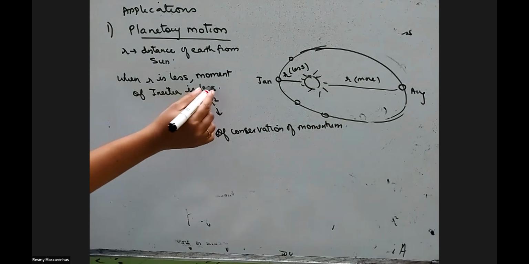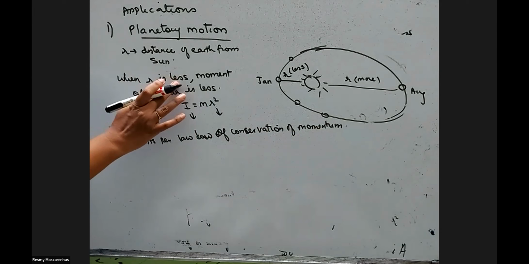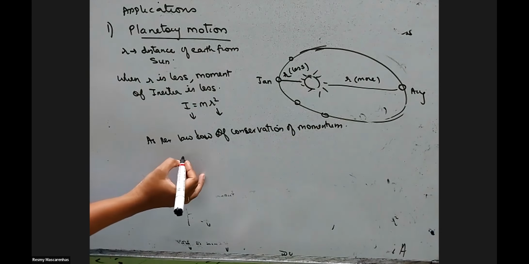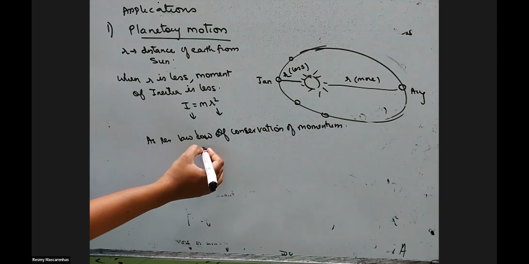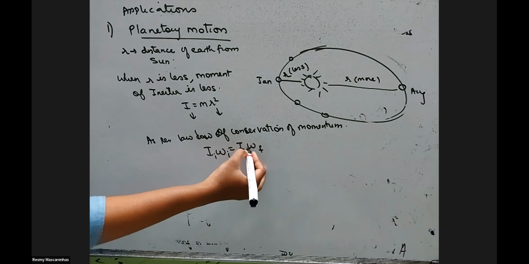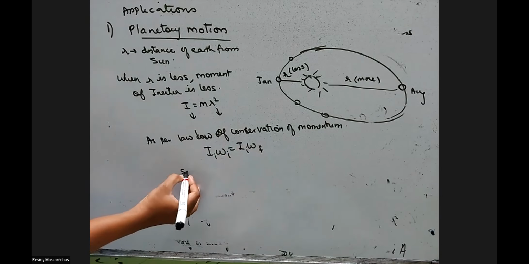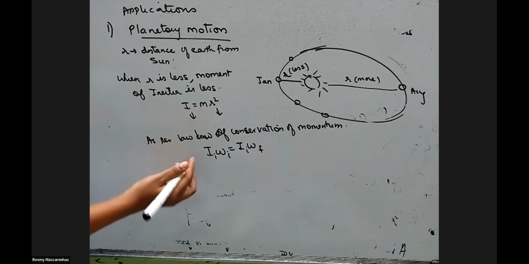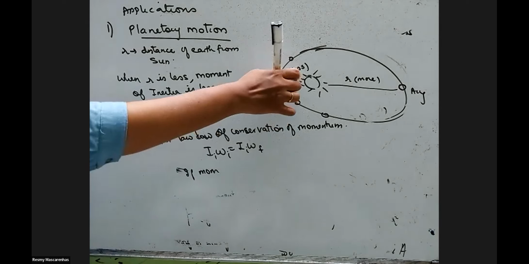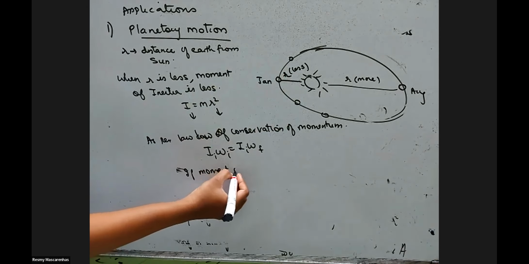when R is reduced, moment of inertia got reduced. What was the formula? So if moment of inertia is reduced because distance has reduced, what will happen?